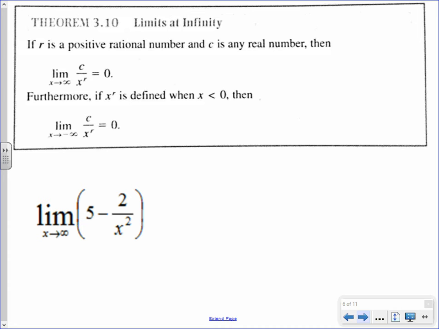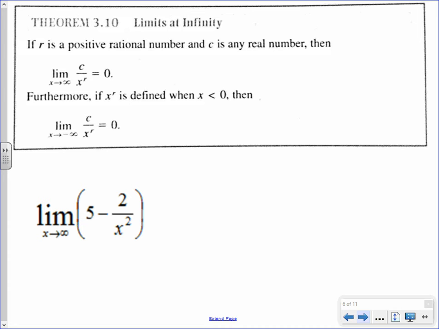What's going to happen if you take a number divided by something that's really, really, really big? What are your numbers going to approach? 0, right? The bigger your denominator gets, the smaller your fraction will be. So if our denominator is approaching infinity, that means our fraction is going to be approaching 0.